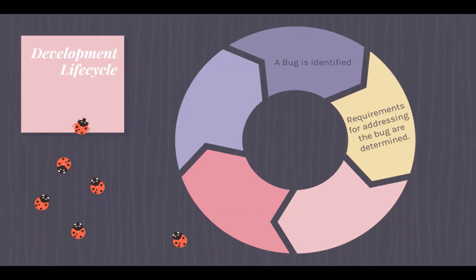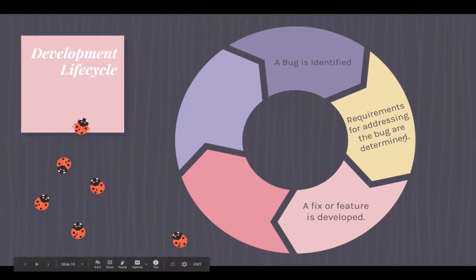This is one of those fuzzy parts in this life cycle and happens somewhere between determining the requirements and the next step, which is the actual development of the fix or feature. Remember, we said there are requirements and specifications, and the specifications kind of fall right in between having the requirements for addressing the bug determined and the fix or feature being developed.